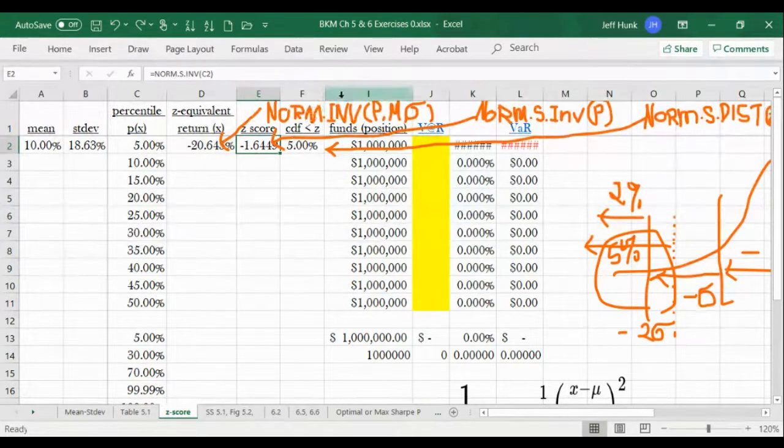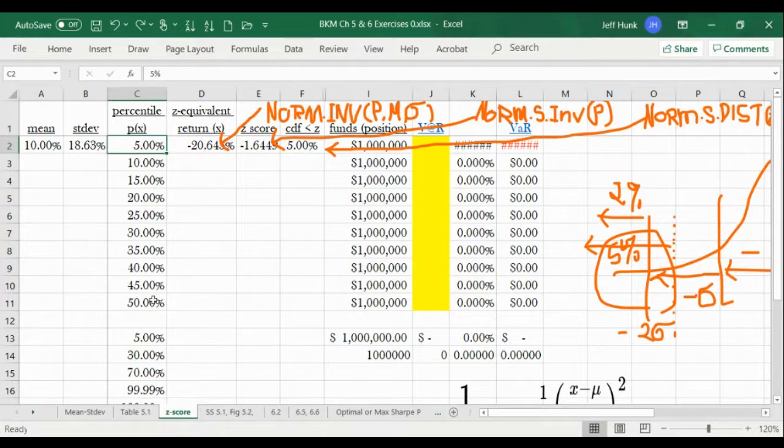So once we have, and then you see that there are two more columns, but I collapsed them because we don't need them at this point. But once we have done that, let's try this. So the 5% percentile, 10% percentile, right? What would be the equivalent z-scores, and what would be the returns for those?